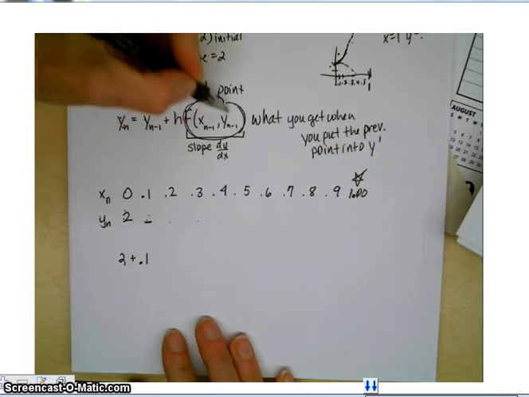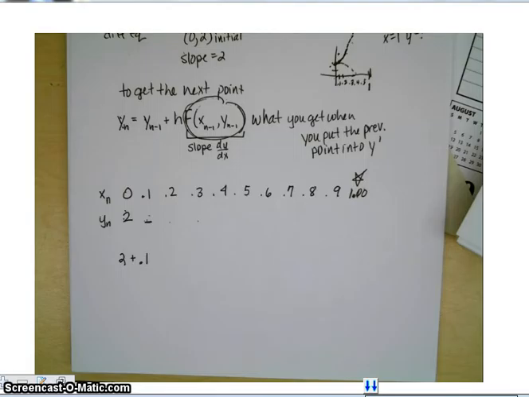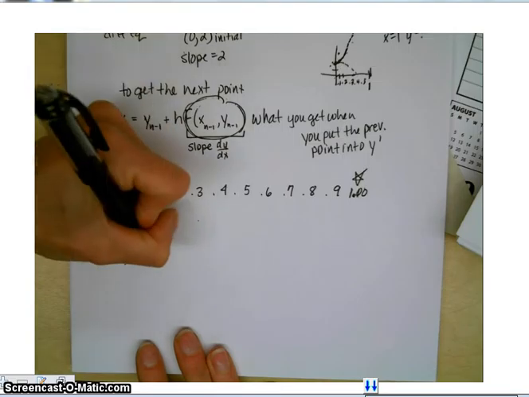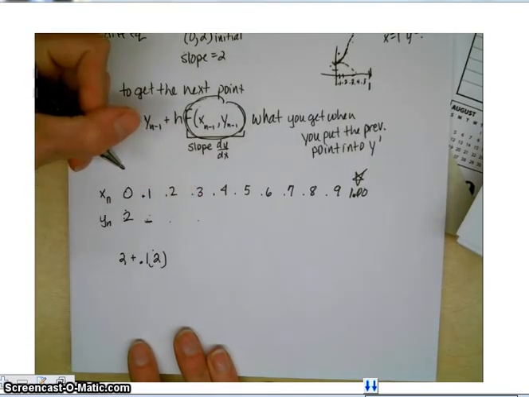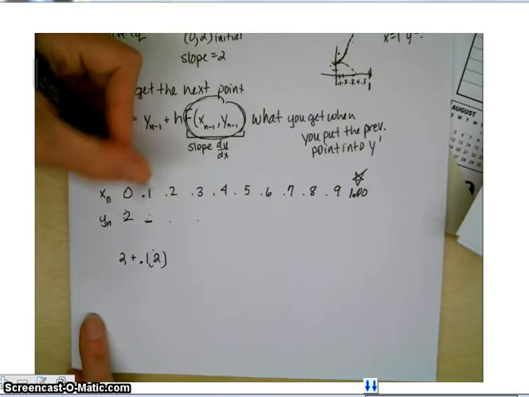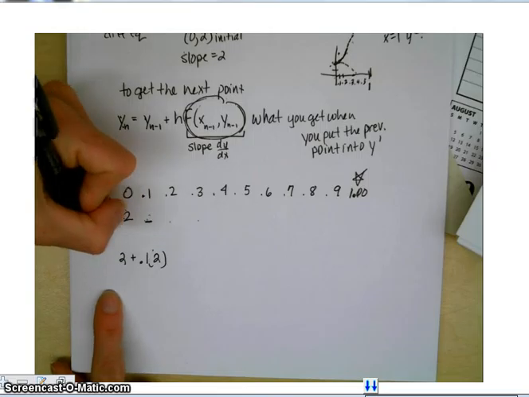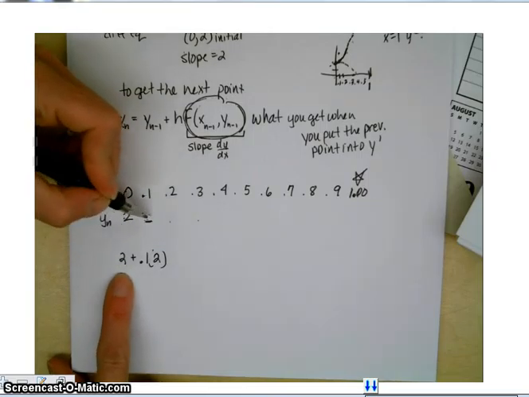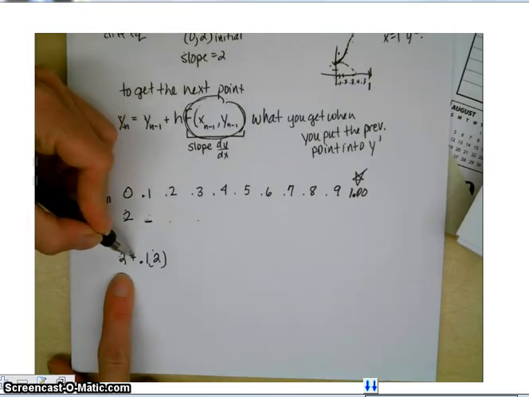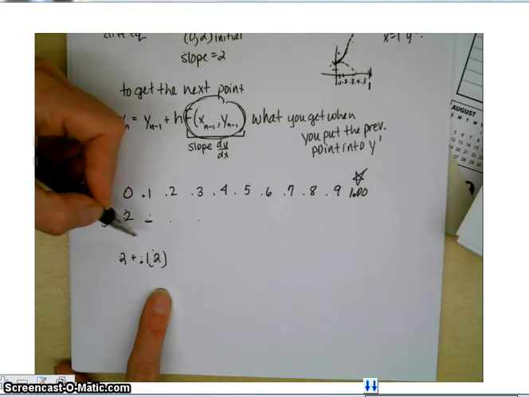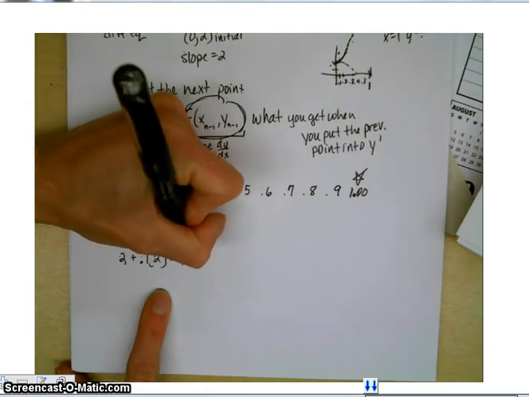This f of whatever is what you get when you put the previous ordered pair that you know into y prime. So I'm going to put 0, 2 in here, and I'm going to get 2. Okay? So my next y value is going to be 2 plus 0.1 times 2, which is 2.2.